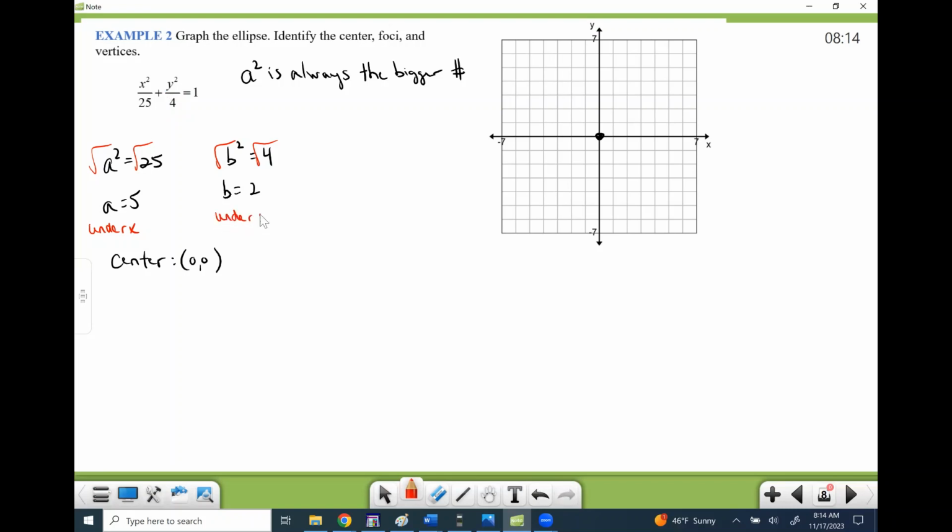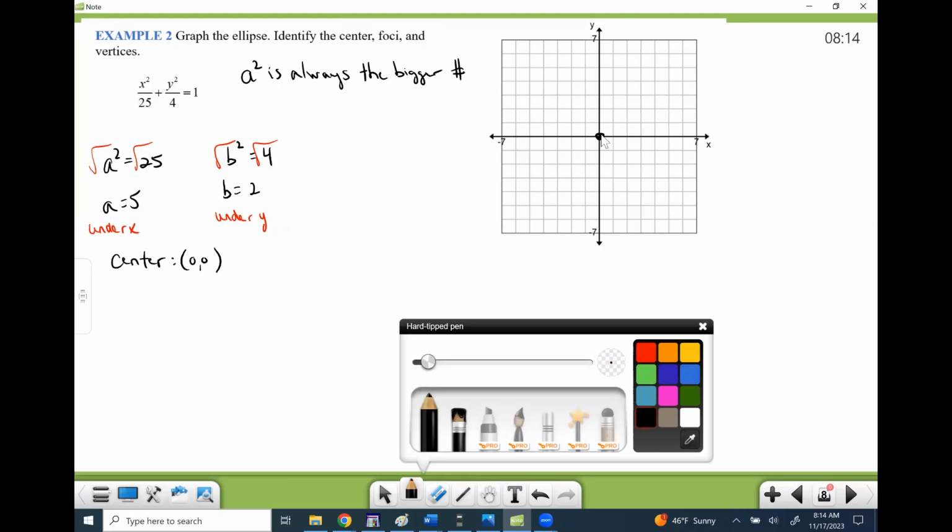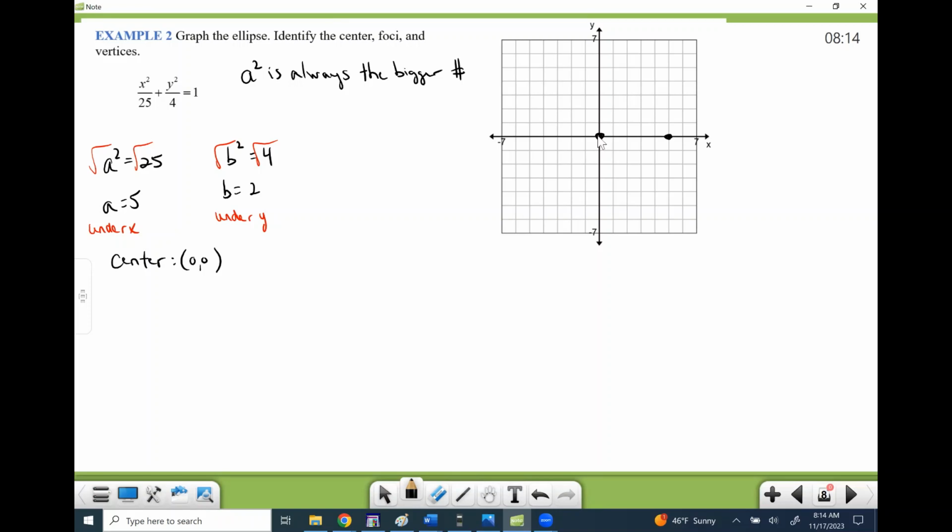The reason why that's important is because if it's underneath X, then I'm going to move that much in the X direction. So I'm going to go 5 to the right, 1, 2, 3, 4, 5. And I'm going to go 5 to the left, 1, 2, 3, 4, 5. And then the 2, that was the B equals 2, which was under Y. Then I'm going to go 1, 2 up in the Y direction and 1, 2 down in the Y direction.